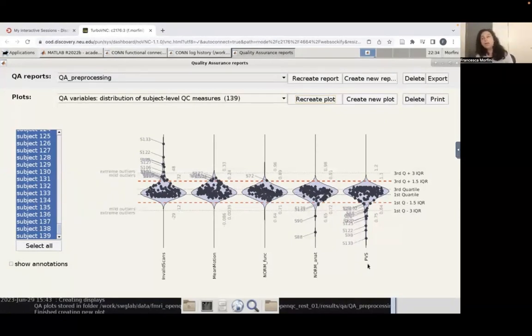So this is very useful, for example, when a data set has data of different lengths. And in this case, this data set had a high variability of how much data was acquired per subject.